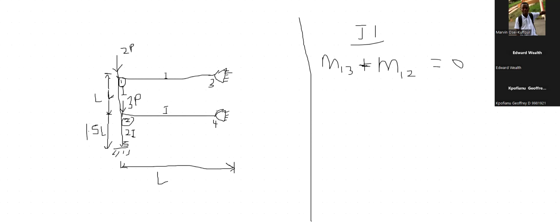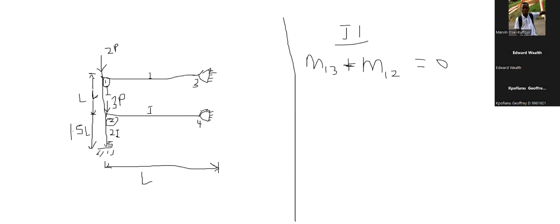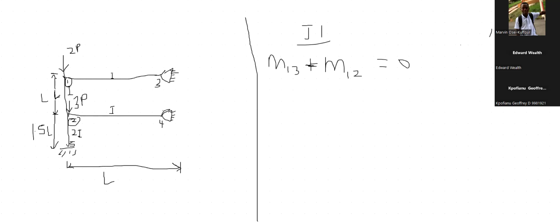Then for the second joint, J2, what do we have?